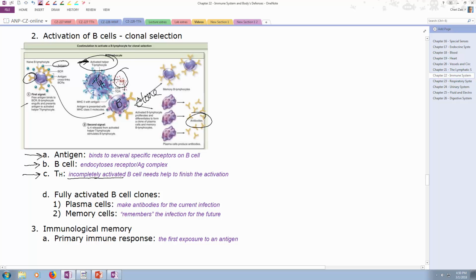So B cell needs co-stim enzyme from T helper cell to complete its activation.